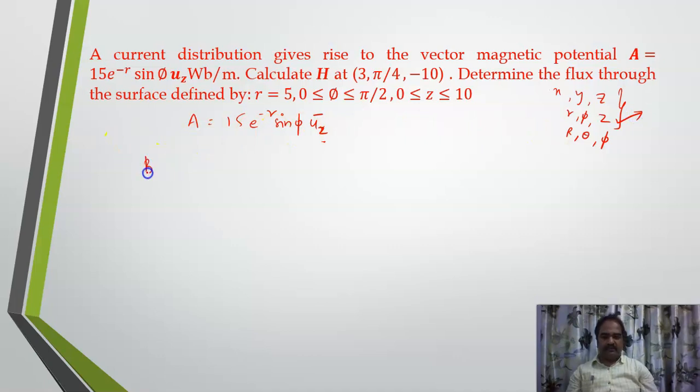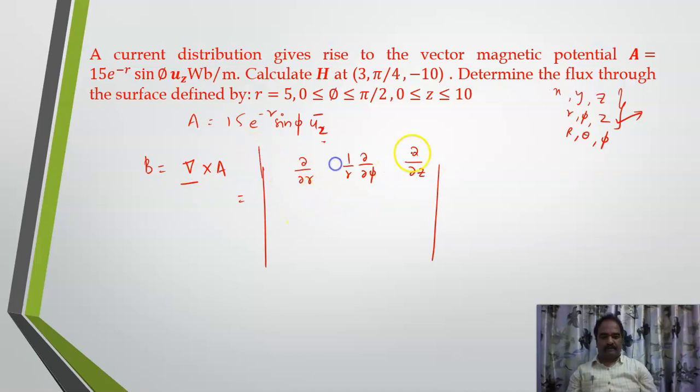If I want to determine B, then it is del cross A. Del operator, dou by dou r, dou by dou phi, dou by dou z, and A is there only in the z component, 15 e to the power of minus r sine phi.